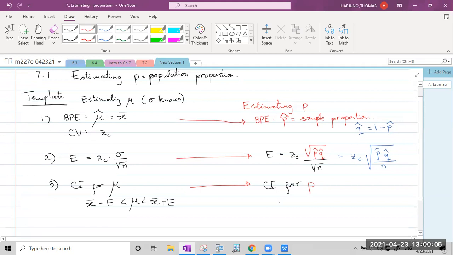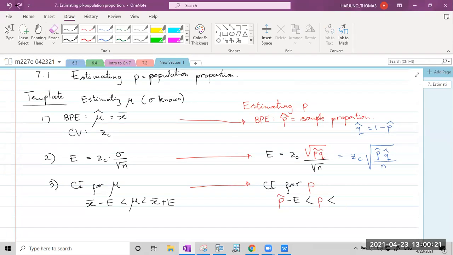That will be P hat, the best point estimate, minus margin of error less than P, because we are estimating P now, not estimating the mu, less than P hat plus margin of error. So that's the change.